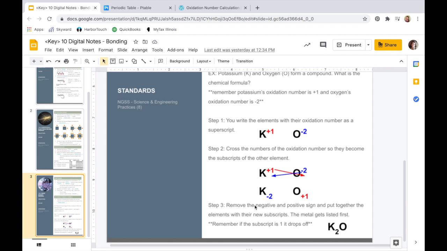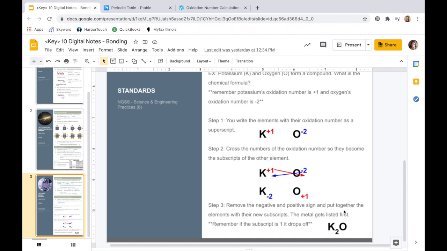For step 3, we're going to remove the negative and positive signs and put together the elements with their new subscripts. The metal always gets listed first. So in this case, we have potassium already listed first. We're going to smush these together, take away the negative and positive signs, and then remember that if a subscript is 1, we just leave that off, so it becomes an imaginary 1.